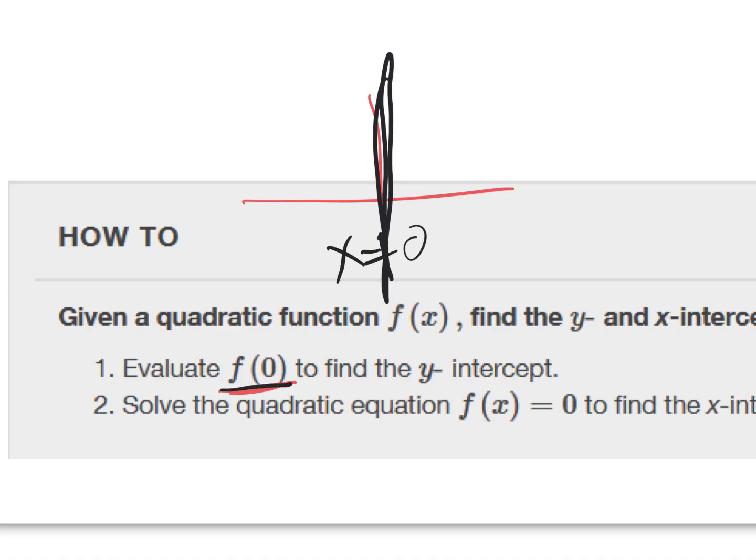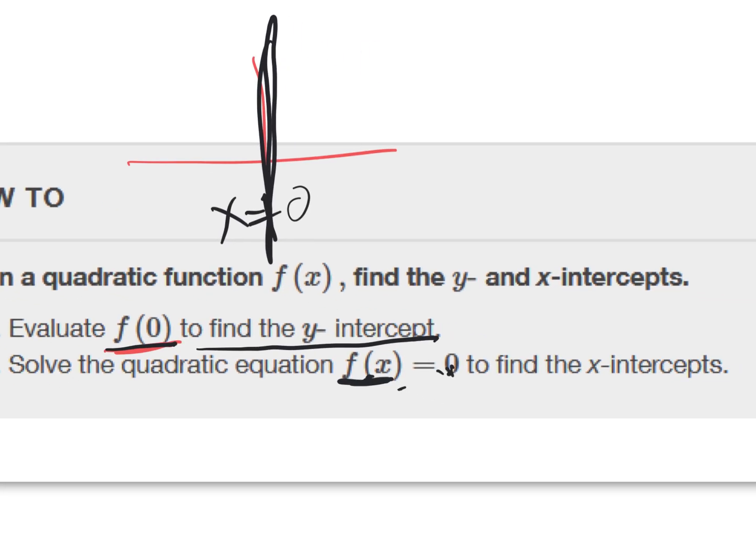That'll give you your y-intercept. One y-intercept. The x-intercepts would be if you take your parabola equation, your quadratic function, set it equal to 0, and then solve it. This requires solving.